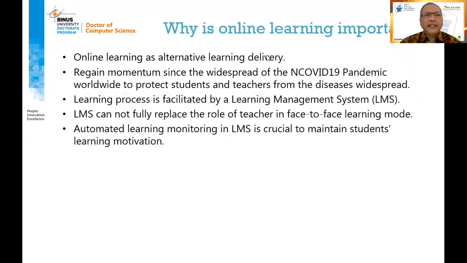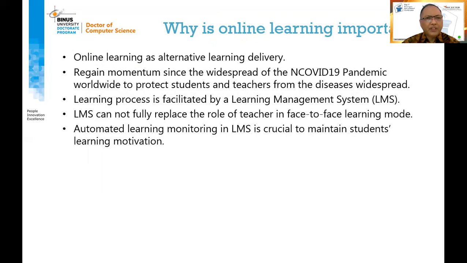Why is online learning important? First of all, online learning is an alternative learning delivery. And in the past several months, it regains momentum since the widespread of the COVID-19 pandemic worldwide, in order to protect students and teachers from the disease.